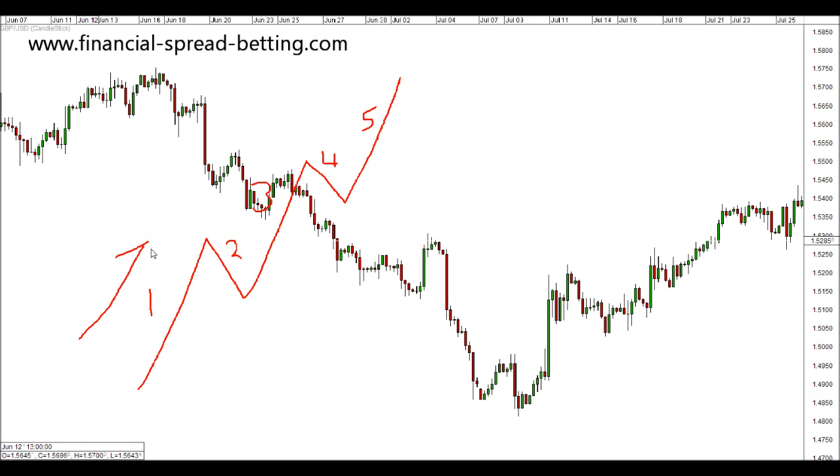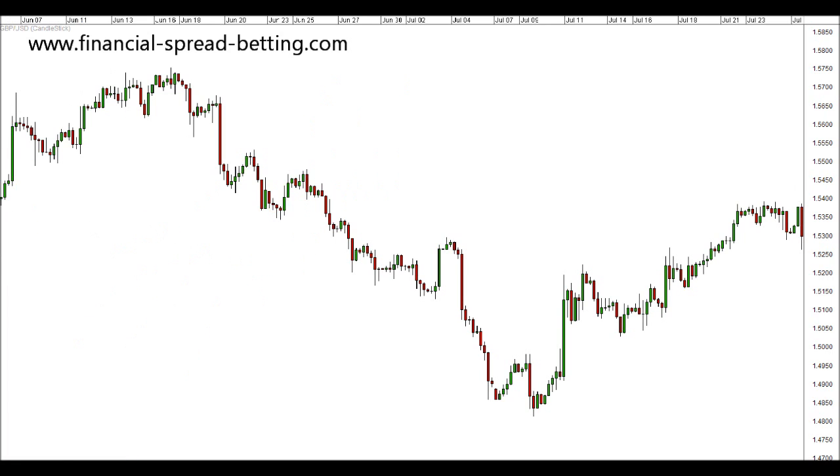The waves that go in favour of the trend are what we would call motive waves, and the waves that go against the trend, or the pullbacks, would be called corrective waves. So on the pound against the dollar, we have this downtrend.